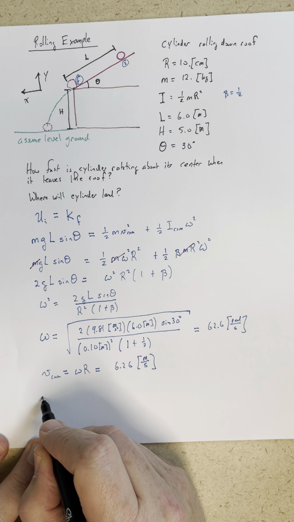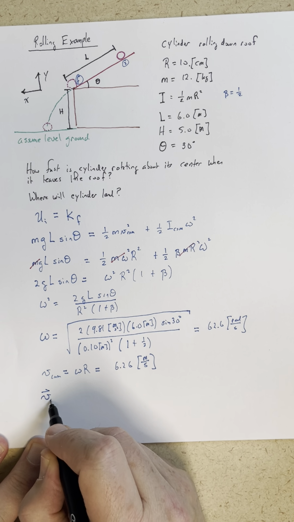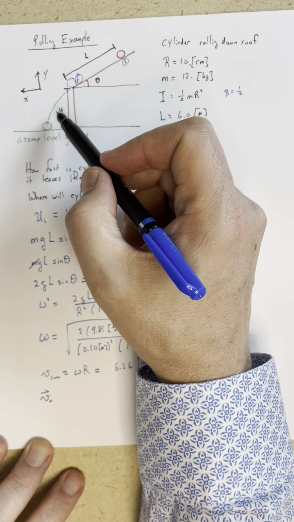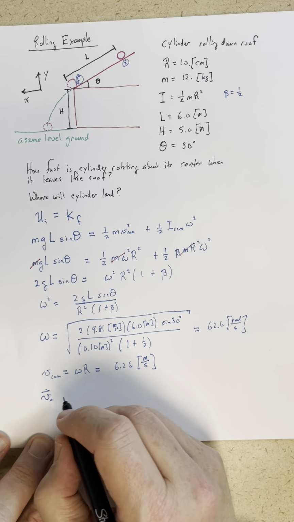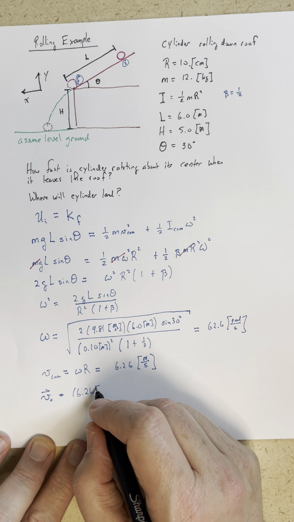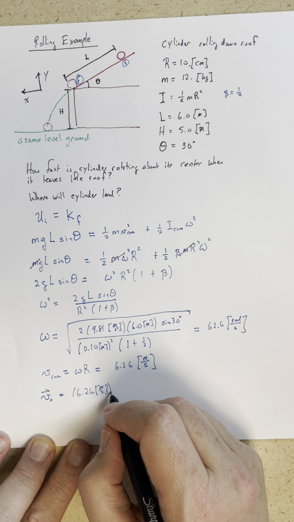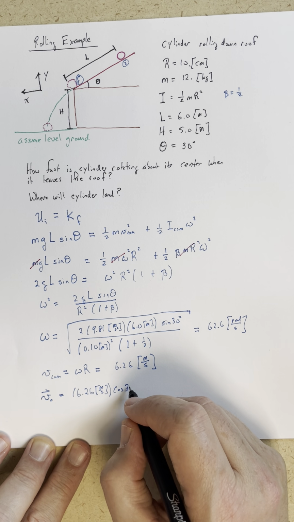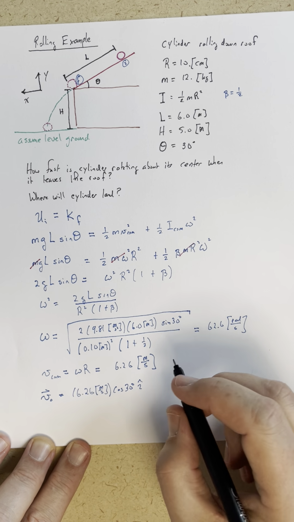We'll have initial velocity vector right when it leaves contact with the roof. I'm going to have 6.26 meters per second times cosine of 30 degrees along the x direction.